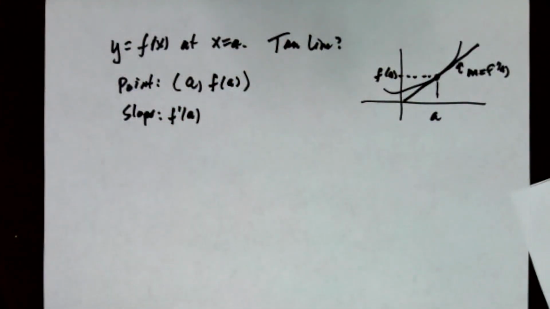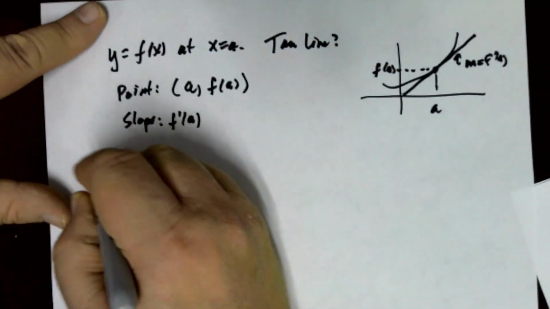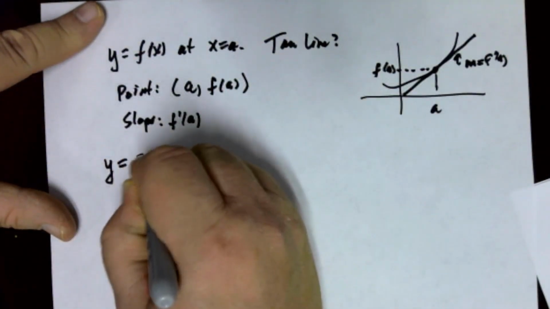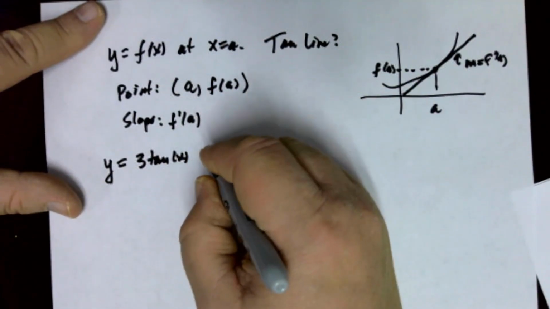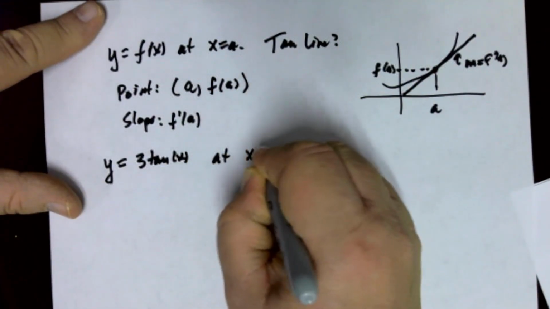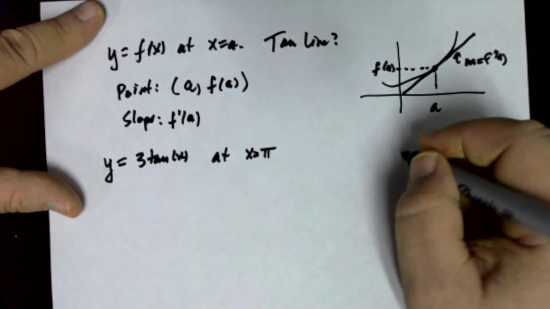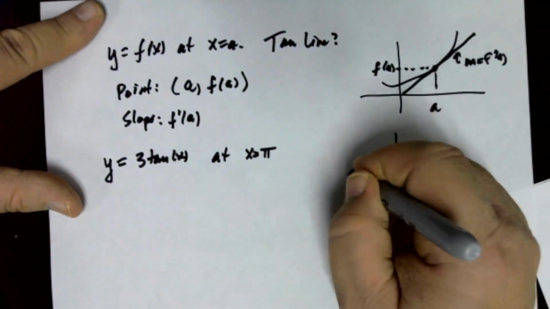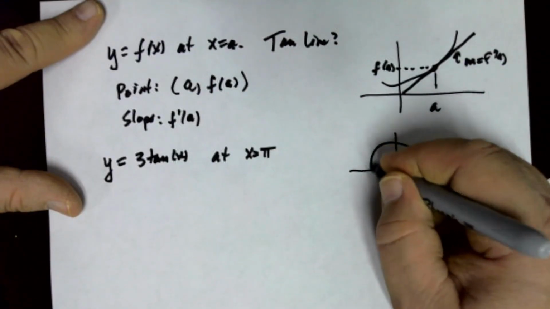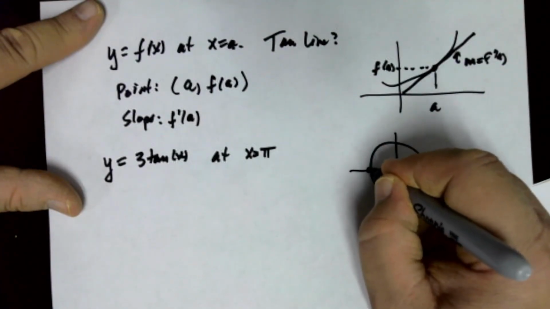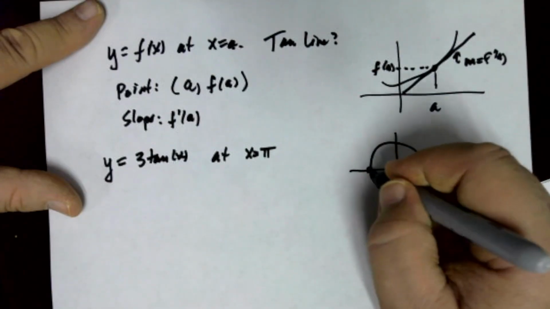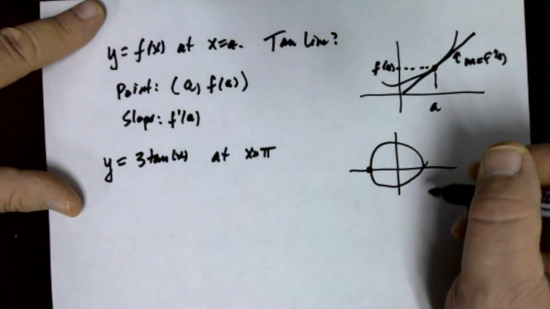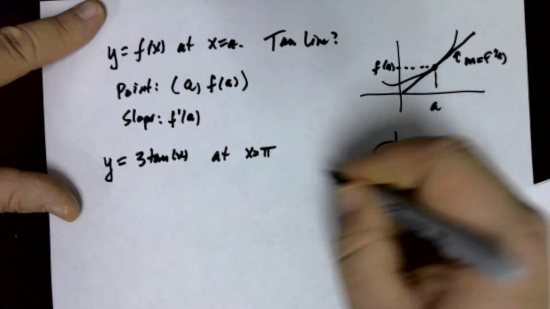Good. Now for us, we have y equals 3 tangent of x, and then we're taking a look at things at x equals pi. So at x equals pi over here, let's see, I guess that's going to be 0, isn't it? The tangent of pi is 0.